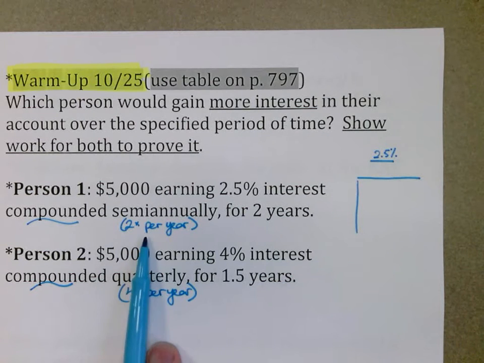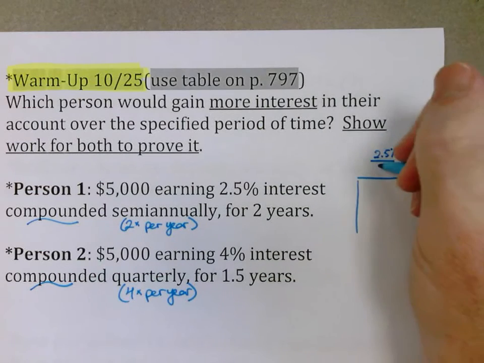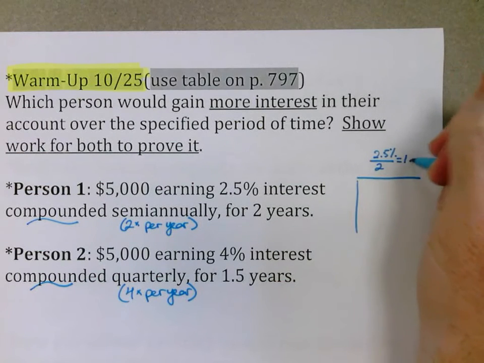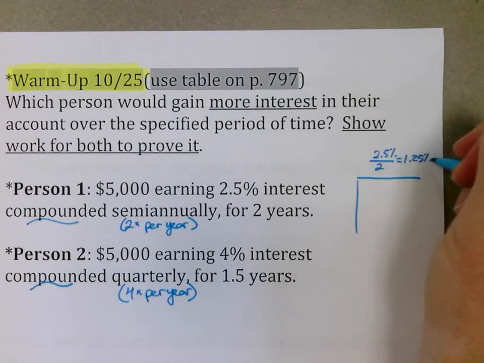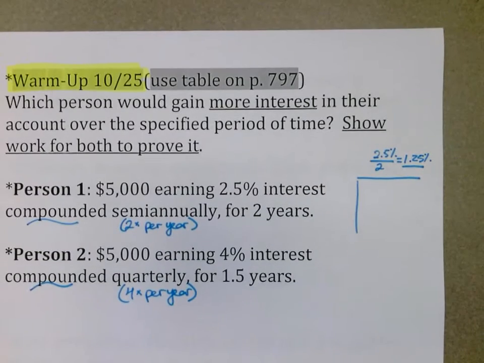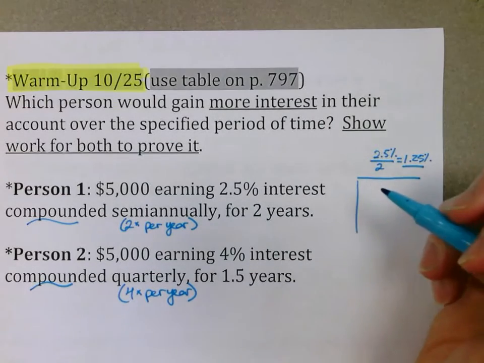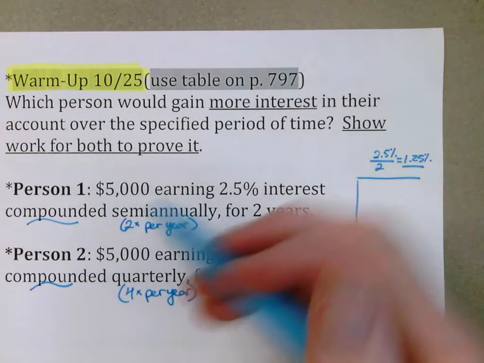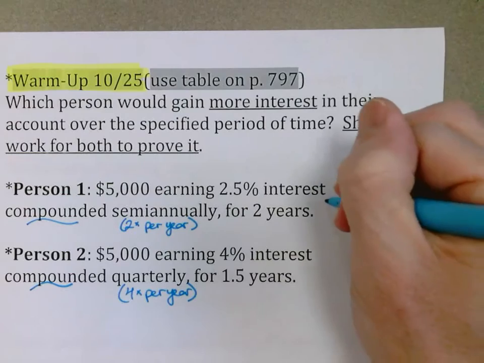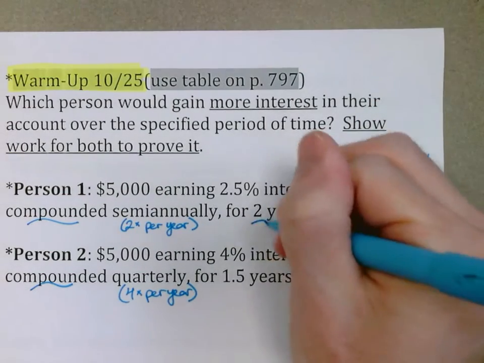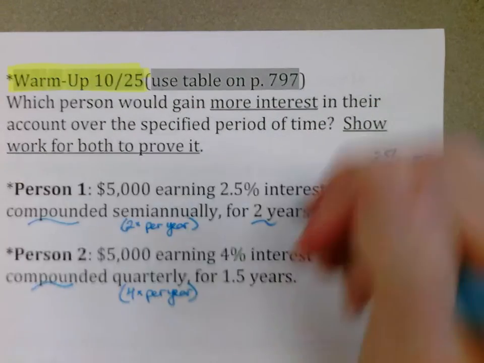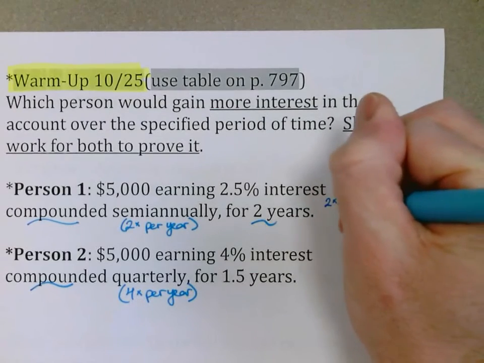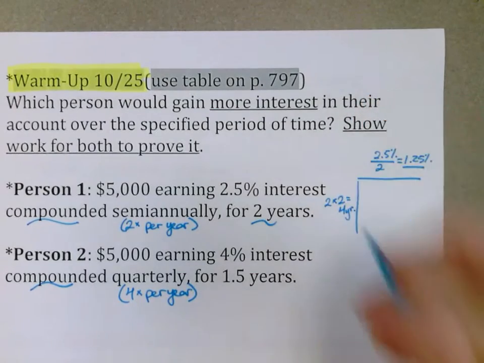Since it's semi-annual, it's going to be 2, and this divides to 1.25%. So that's our number along the top. The number along the left side is the number of times per year, once again 2 for semi-annually, times the number of years that you want to analyze the investment, in this case 2 years, which means that we're going to be looking for 4 interest cycles.